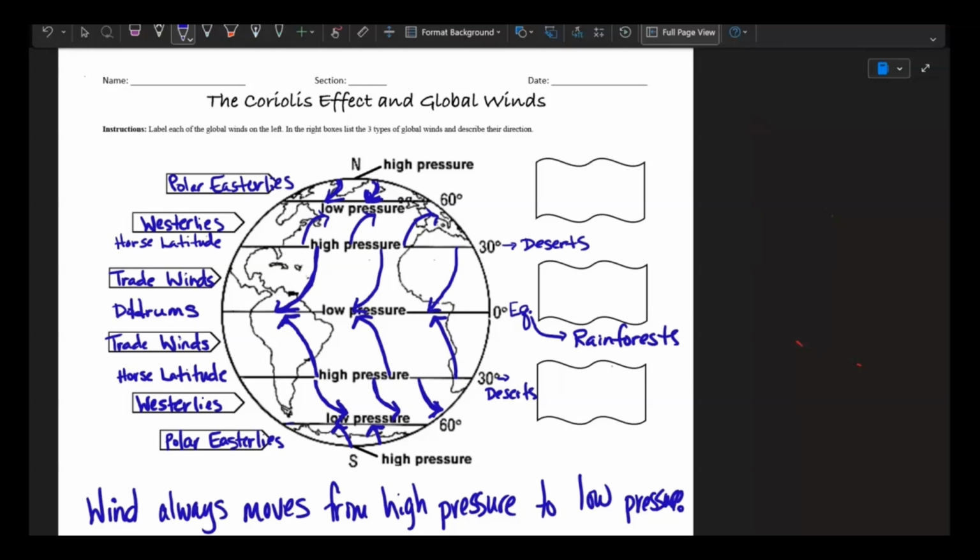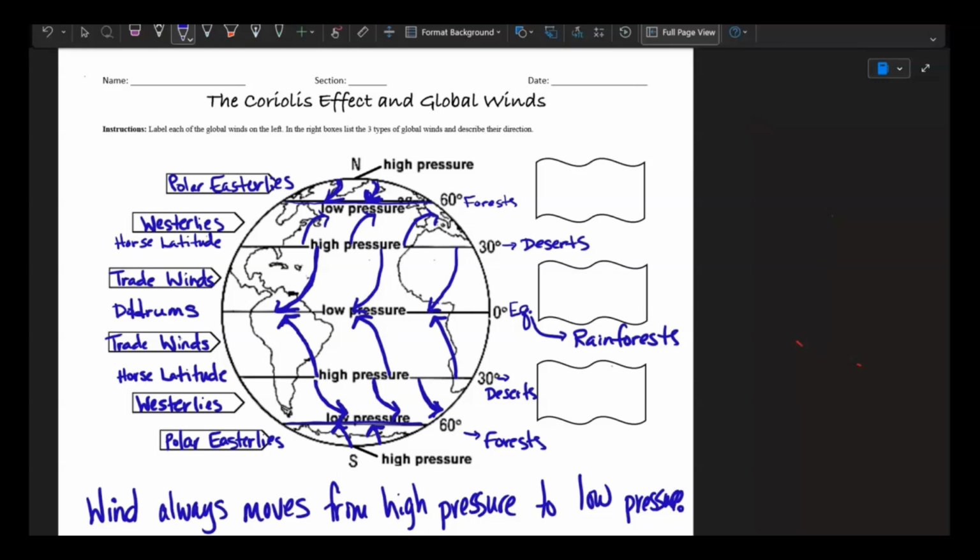The 60-degree low pressure, remember, brings rain. 60-degree latitudes is where you find a lot of forests. Now, this 60-degree is mostly ocean, so there's not a lot of forest there, but up here in northern Canada, you're going to find lots of forest. They get lots of rain up there. And trees like a lot of cool temperatures, so that is perfect conditions for them.